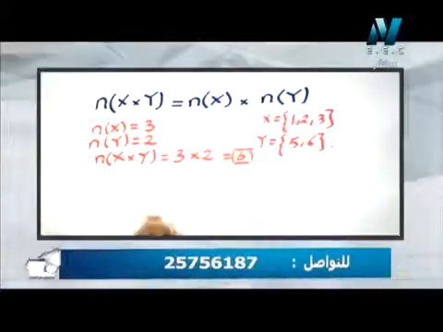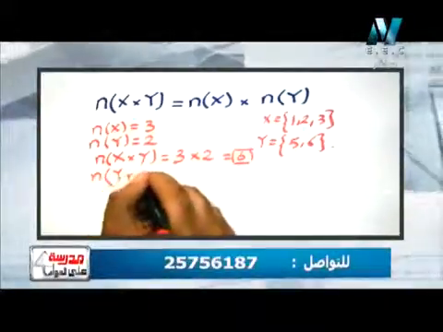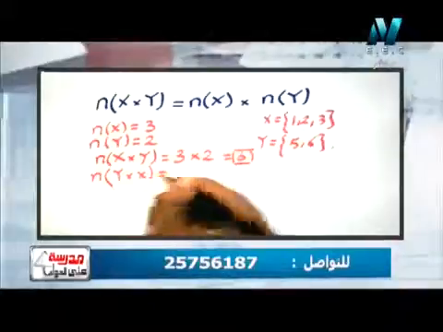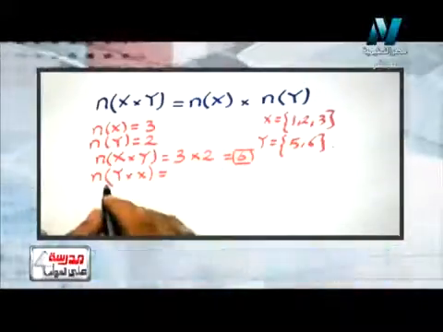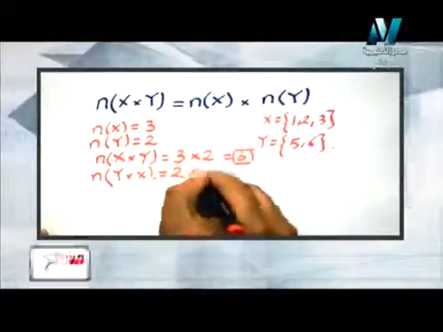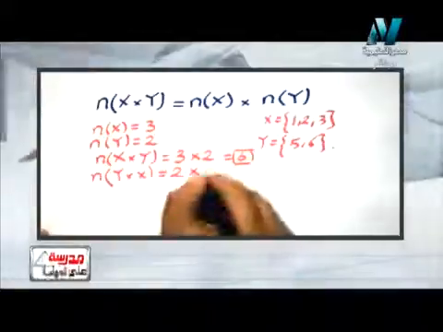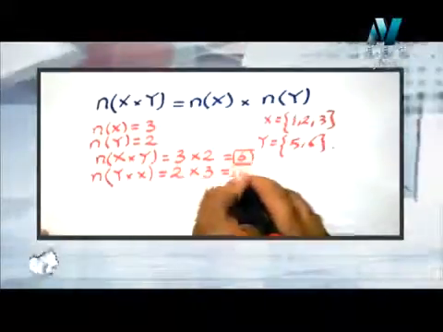If you do the opposite, n of y product x, the answer doesn't change, because the number of elements of y, which is 2, times the number of elements of x, which is 3, gives 2 times 3 equals 6.